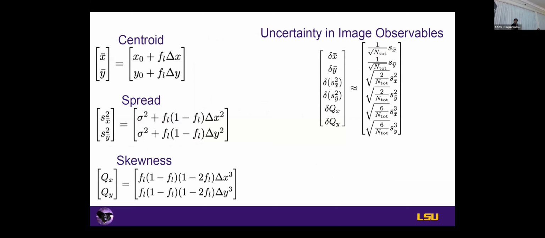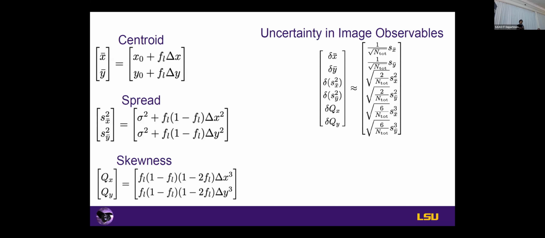So the idea is the following. If you assume that the PSFs are double Gaussian, the centroid will depend on x naught, y naught, which gives you the center of the source. Because of the presence of a lens at a distance of delta x, delta y, the average position of the PSF will change.